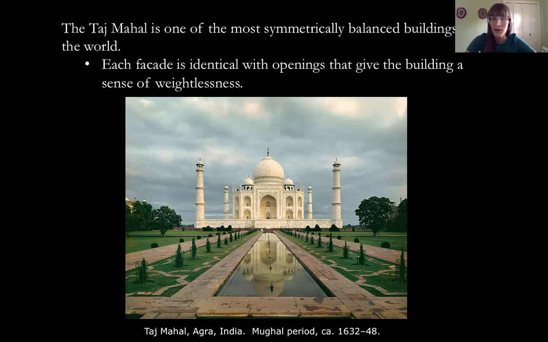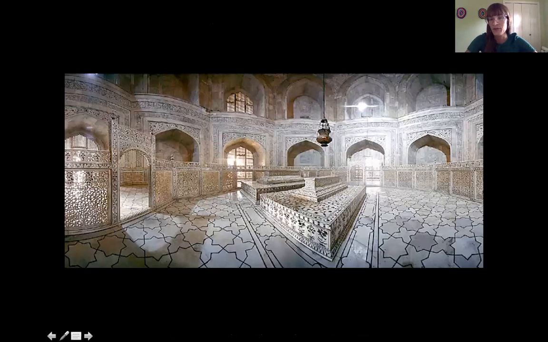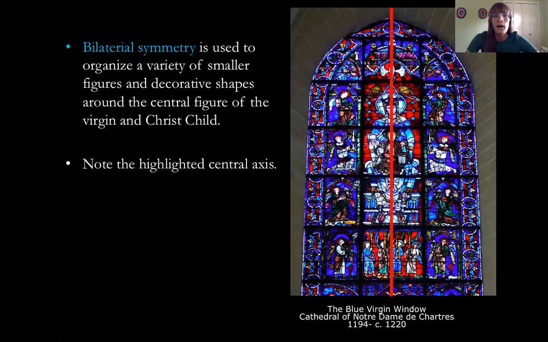Usually we talk about this in terms of two-dimensional work, so I always like to bring in the Taj Mahal, which is actually a tomb, because it is a building that shows this as well. Here's an interior view. You can, of course, look up the Taj Mahal if you'd like to know more about it. This is the example used in the PowerPoint, so I just wanted to bring it up here.